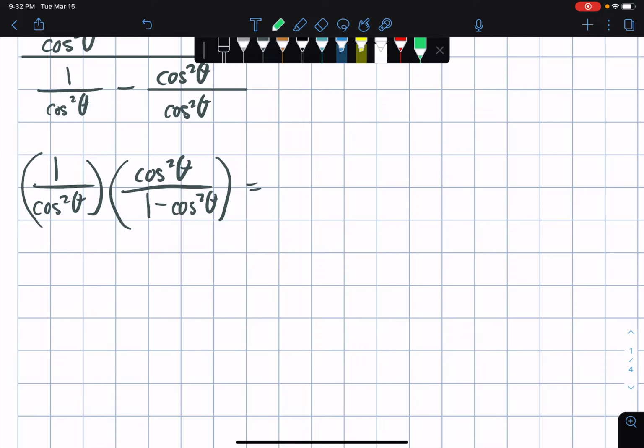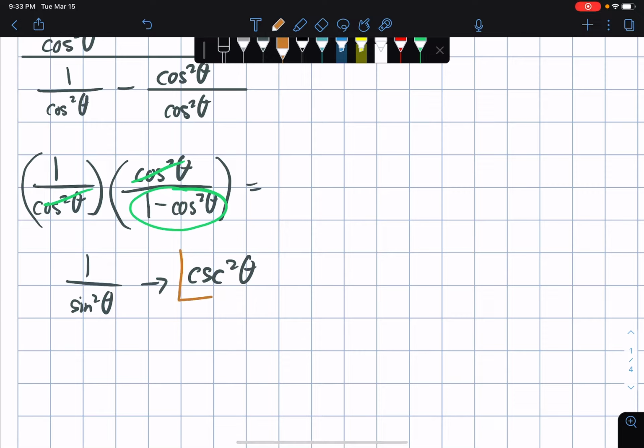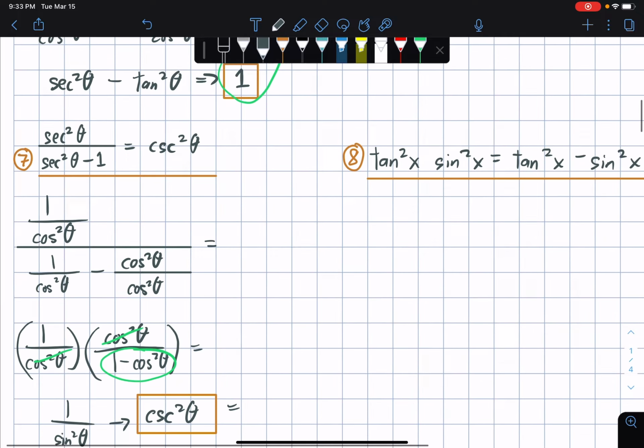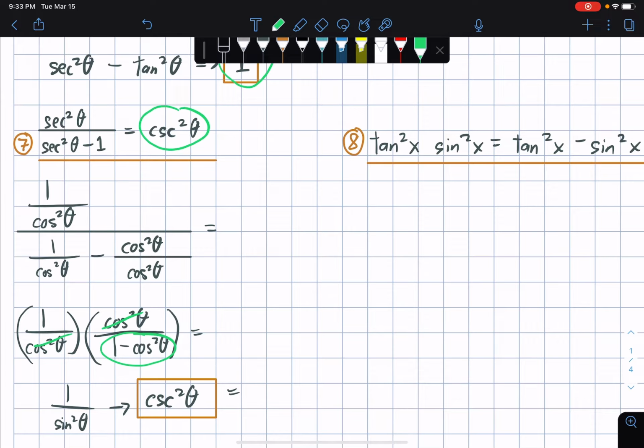You have to cancel the like terms, and this one is basically equal to sine raised to 2 theta. And in that sense, you could still turn this into a more simplified version, which is basically cosecant raised to 2 theta. Let's see if it's equal to the expression at the right. Well, yes, it is equal.